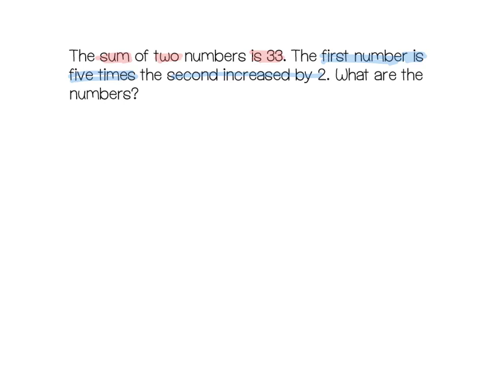I'm going to use x and y for my two numbers, and I'm going to write up here, x is my first number, and y is my second number. And I'm just doing that to try to help with the second sentence. So I have sum, that means add. The word is means equal, so I'm adding my x and my y, and it equals 33.